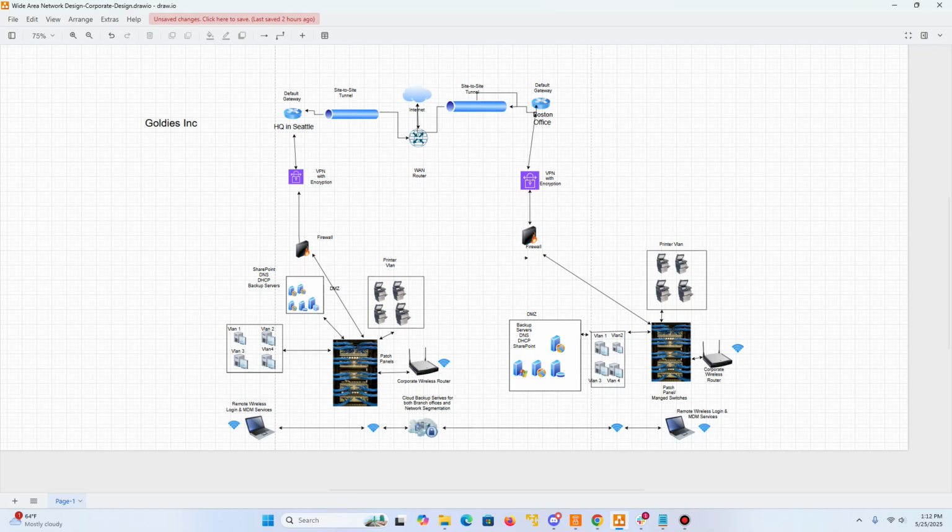Now, I talked about network access control. Network access control ensures that only authorized and compliant devices and users can enter the network. It's like a gatekeeper. It only allows people of authorized authority to come into our network.